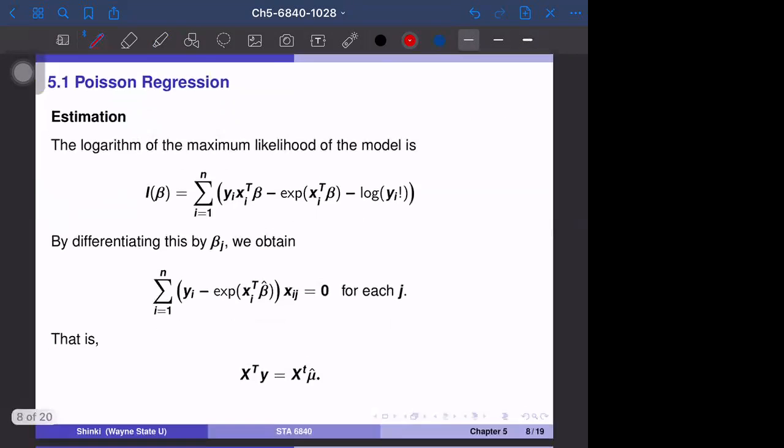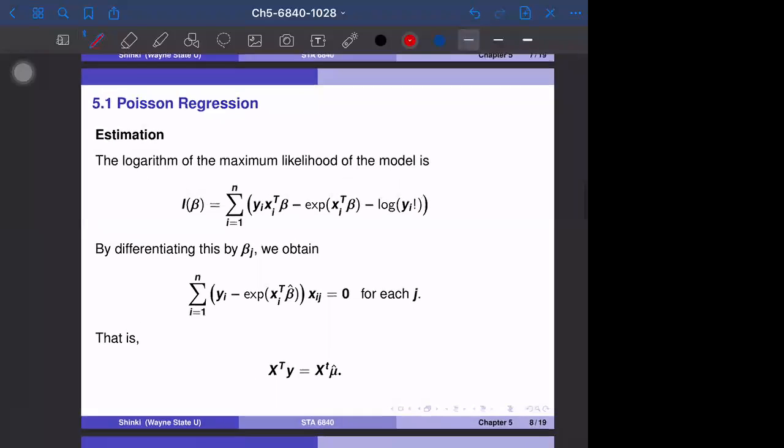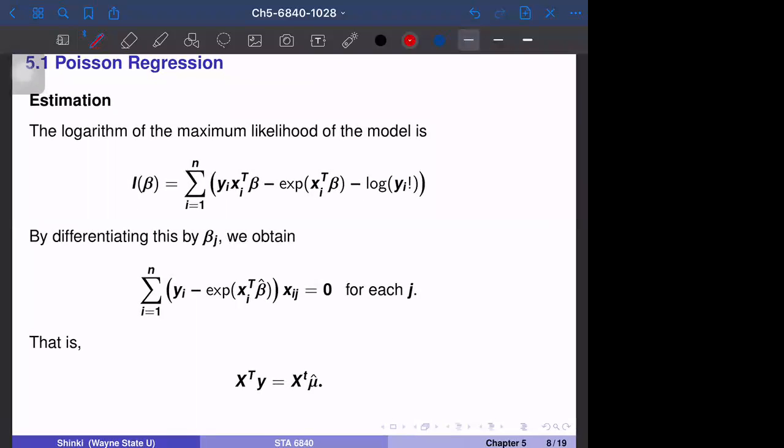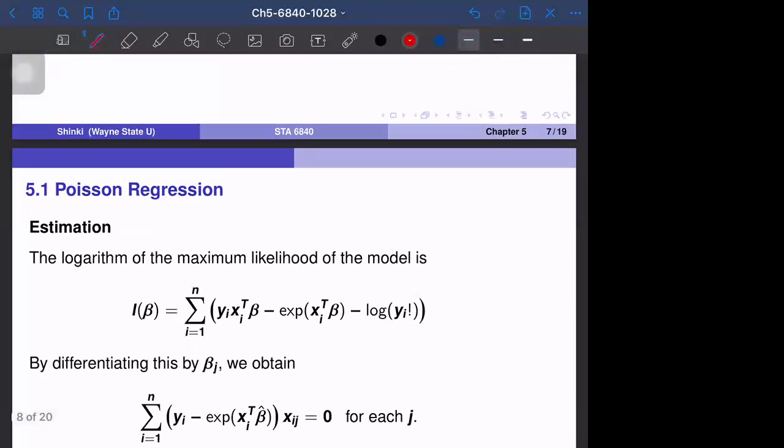The estimation is done by the likelihood method, so maximum likelihood. If we write down the log of the likelihood function of these Poisson random variables, then we can get the likelihood function. This is just the straightforward likelihood function.